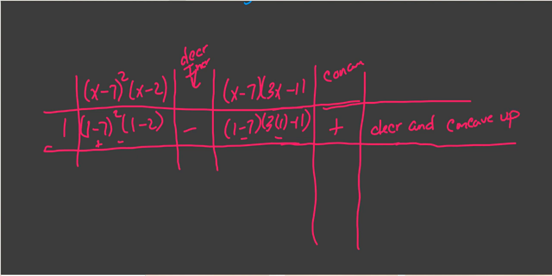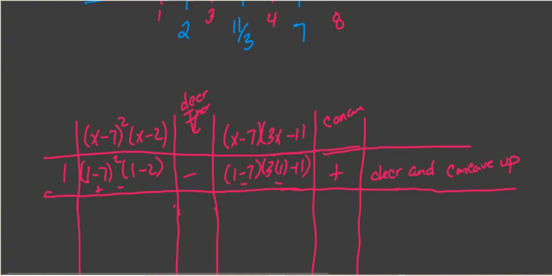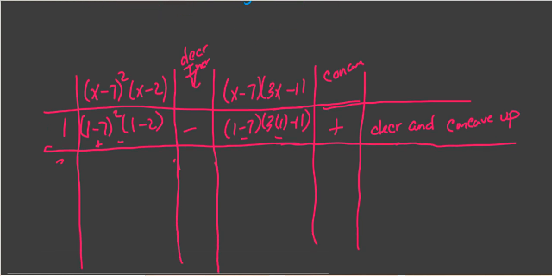All right. So let's try another one. Our next number on our test chart was positive 3. For 3, we'll do the same thing. That would be 3 minus 7 squared times 3 minus 2, which is a positive times a positive, giving us a positive.